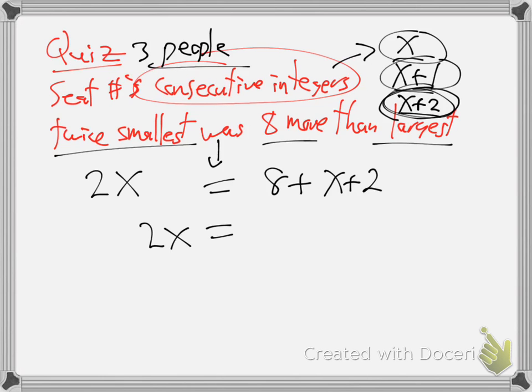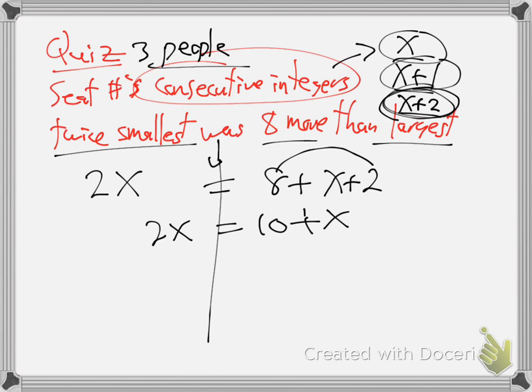Now how do we solve for x? I'm forgetting about the 8 and the 2. So the 8 and the 2 makes 10. When you have numbers or letters on the same side, you just combine them. Add and subtract numbers and letters.